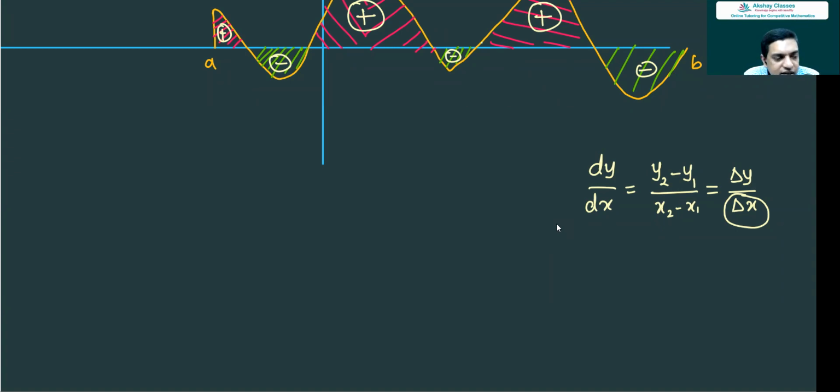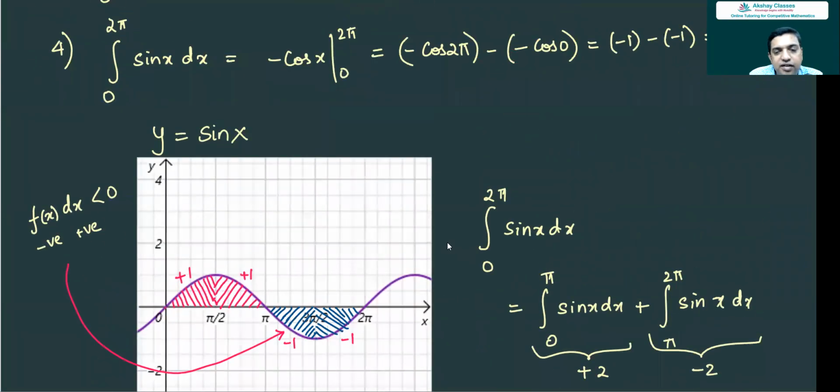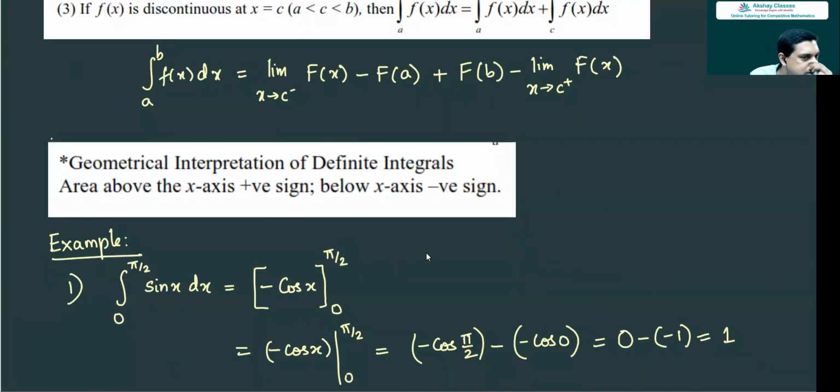However, indefinite integral doesn't mean anything, it is just an antiderivative. But when you say definite integral from one limit to the other, then it is adding up of all elemental areas. Okay, do you get that?